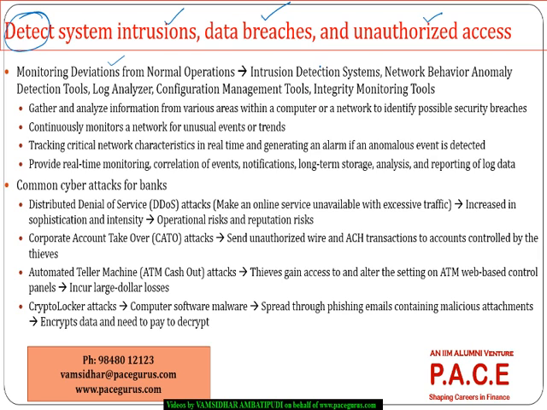I need to have some kind of systems in place, intrusion detection systems. Again, there are different kinds of technologies available to address someone intruding into my system. I need to get information if my network is not behaving in the usual manner, like more bandwidth being consumed or whatever. In that case, I need to have some kind of detection system.